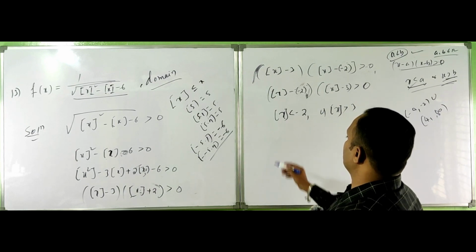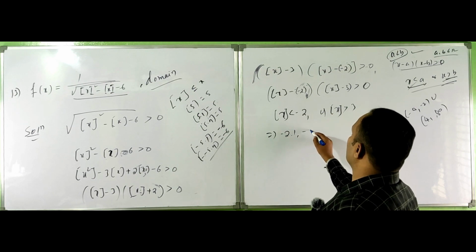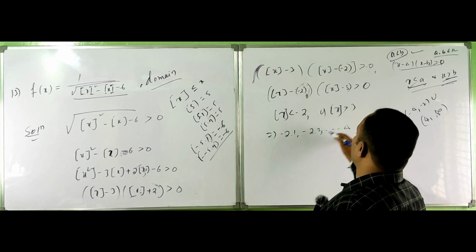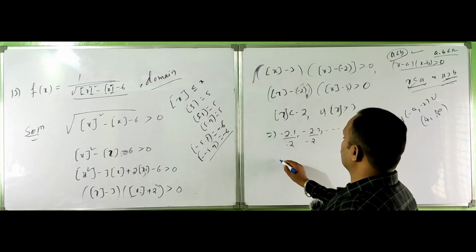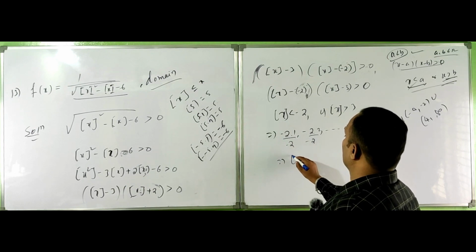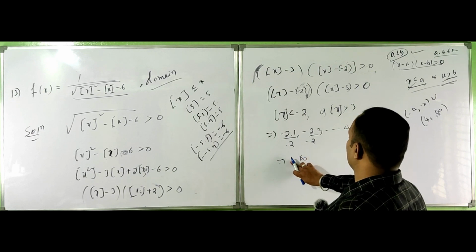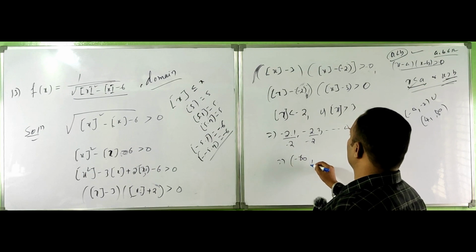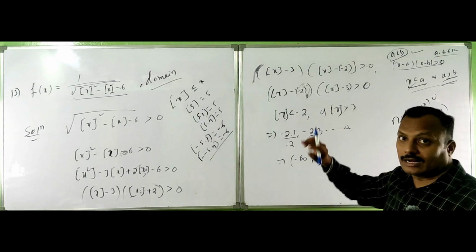Less than a value means minus 2.1, minus 2.2 up to infinity. So the smallest value is minus 2, and this becomes minus infinity to minus 2. The open bracket means minus 2 is not included.